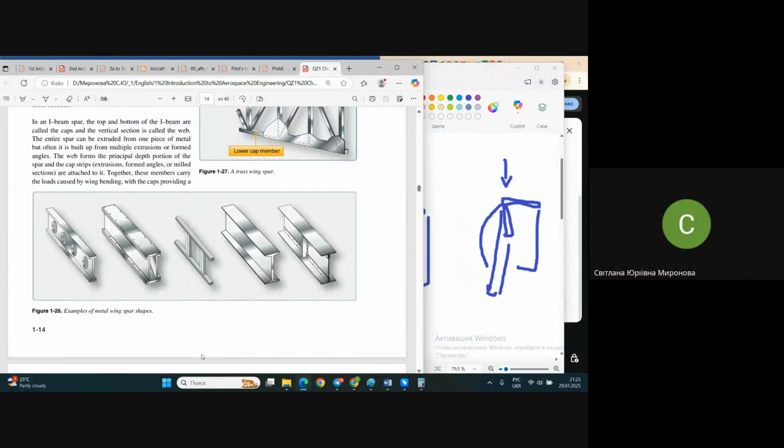So the designer thinks forward while designing about future manufacturing of structures, and usually those structures, their sub-elements, their parts, have rather simple shapes. No, besides those elements which are responsible for aerodynamical airfoils.